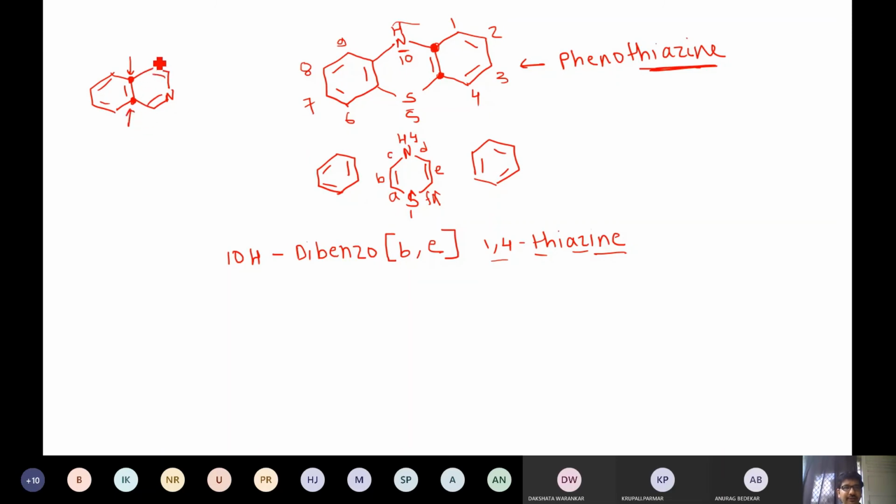So if you start from this carbon, nitrogen will get 3. But if you start here, nitrogen will get 2. Using the same logic, we start from this particular ring. Is it okay? Yes, sir. So in this way, we have to number it in such a way that sulfur gets the lowest number. Fine? Yes, sir. Okay.